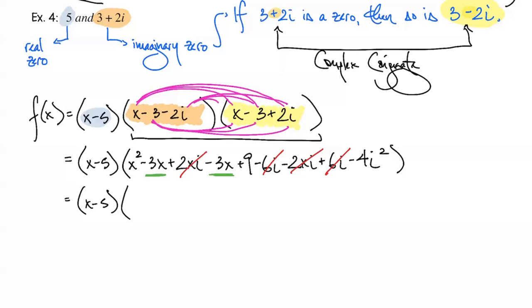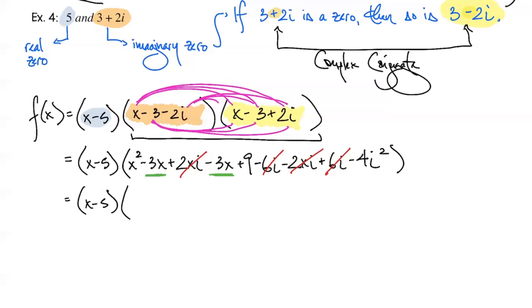And I would argue that there's another pair of like terms, but it's like a secret pair. Oh, yeah. You see this last term here, negative 4i squared? What's another way of saying i squared? i squared equals negative 1. Good.